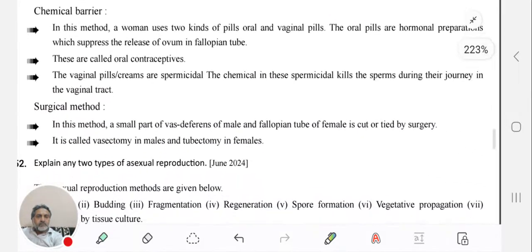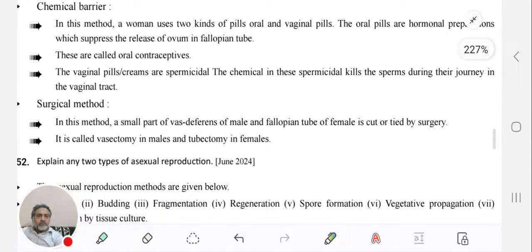Chemical barriers. In this method, a woman uses two kinds of pills, oral and vaginal pills. The oral pills are hormonal preparations which suppress the release of the ovum in the fallopian tube. These are called oral contraceptives. The vaginal pills are spermicidal.